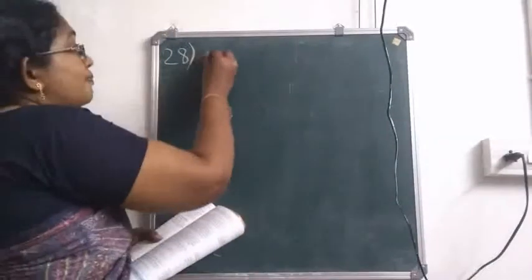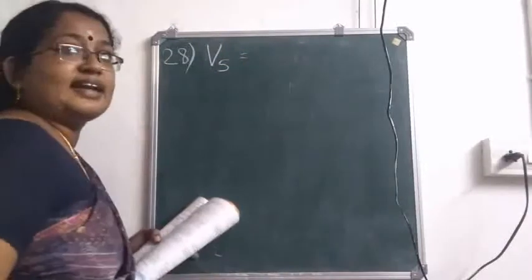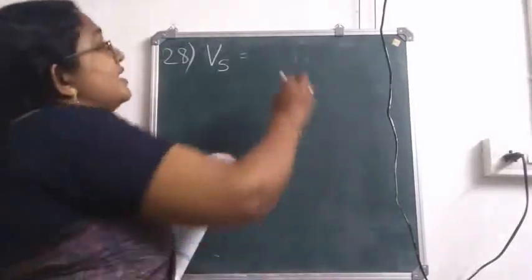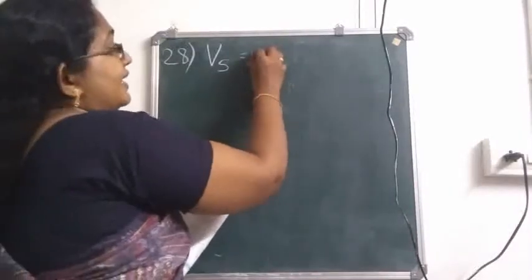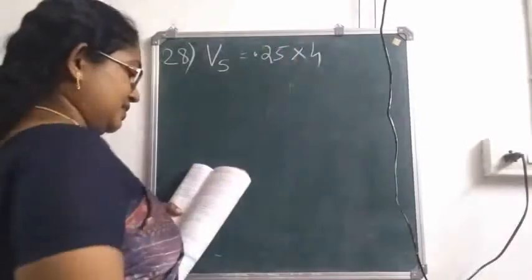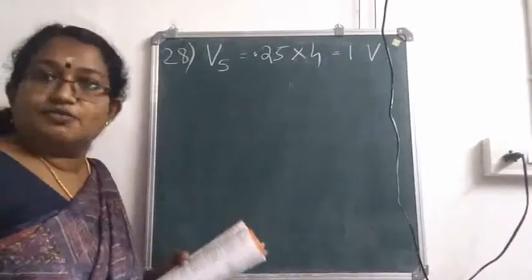So the potential difference across the series connection, let me write as Vs, is given by I into R. How much is our current? Current is 0.25 and resistance is 4. So this will be equal to 1 volt.